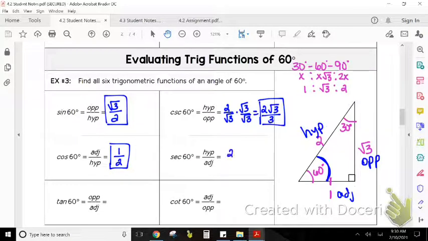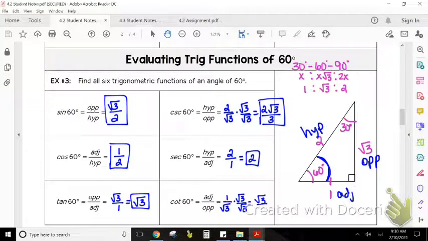Secant is hypotenuse over adjacent, and we need to reduce it. Tangent of 60 degrees is opposite over adjacent, and we need to reduce that. And then cotangent of 60 degrees is adjacent over opposite. Can't have the radical on bottom. And so we end up with the square root of 3 over 3.